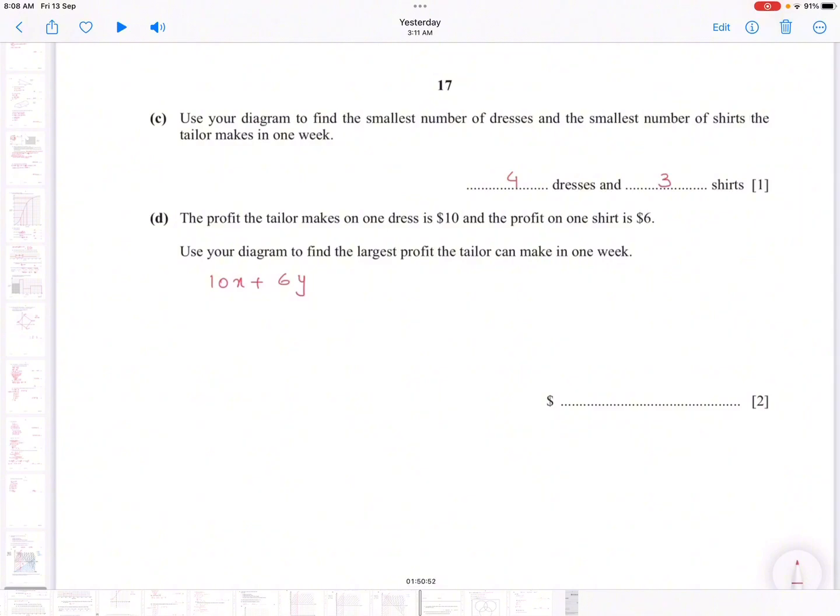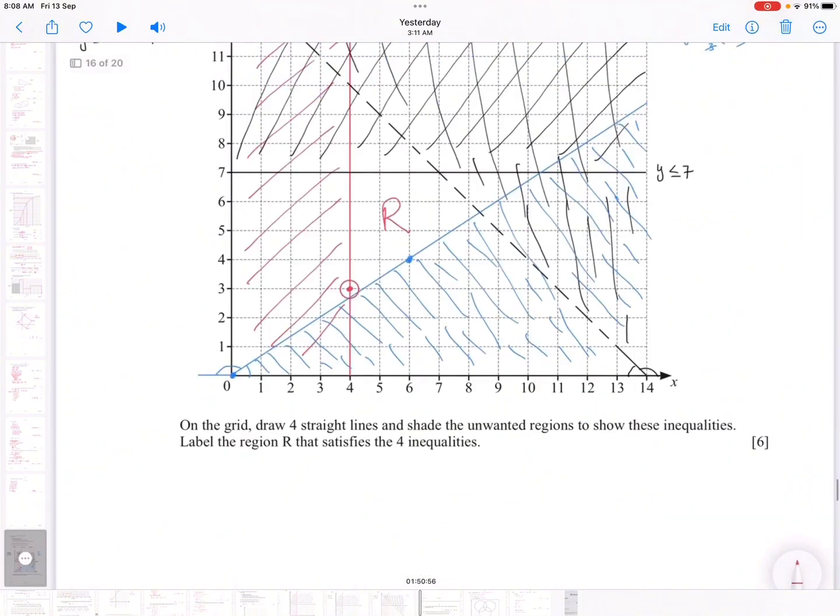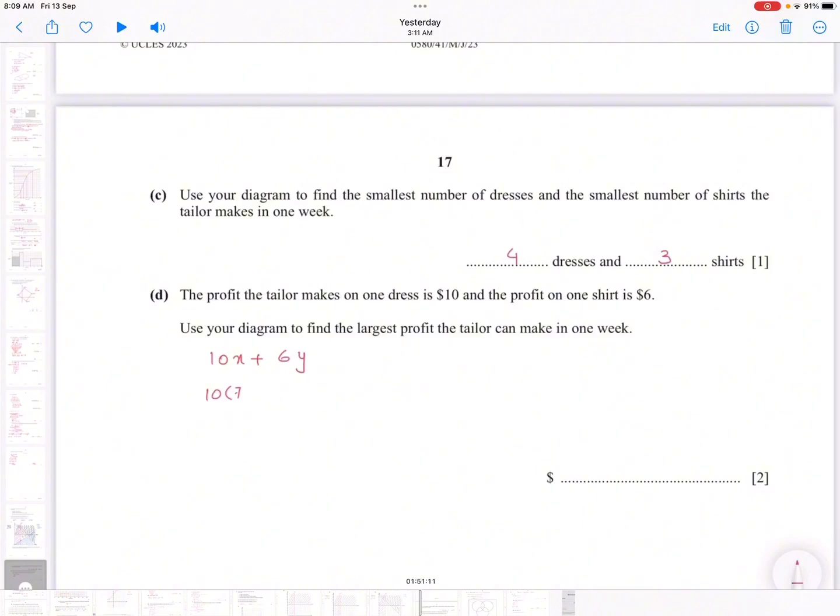So now go to the region and find the largest area. Look, I'm circling the point. Here you can find the largest profit. Yes, you got 7 from dresses and 6 from shirts. So use these values, 7 in x and 6 in y. Solve it. So you got 106.